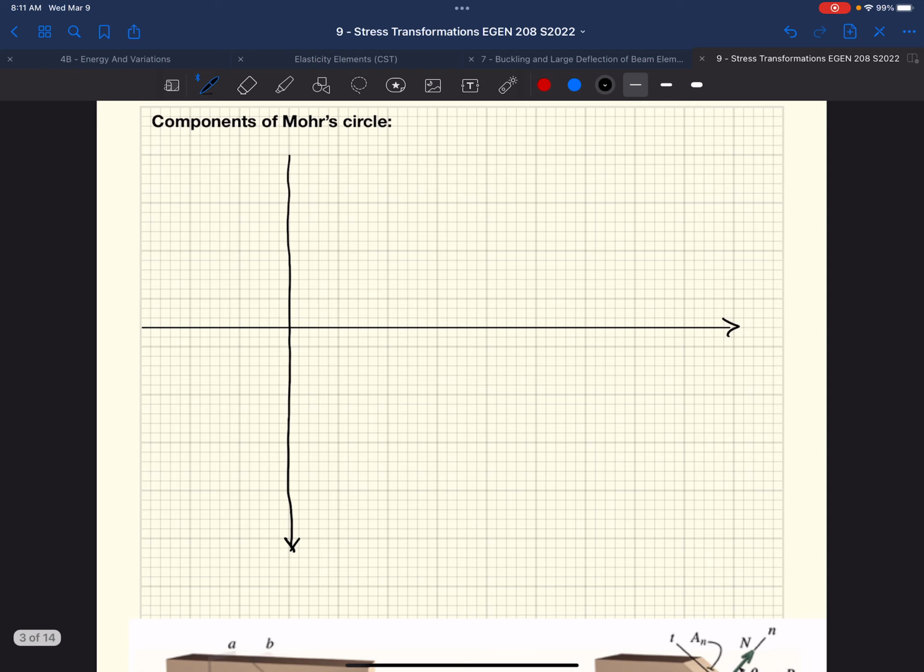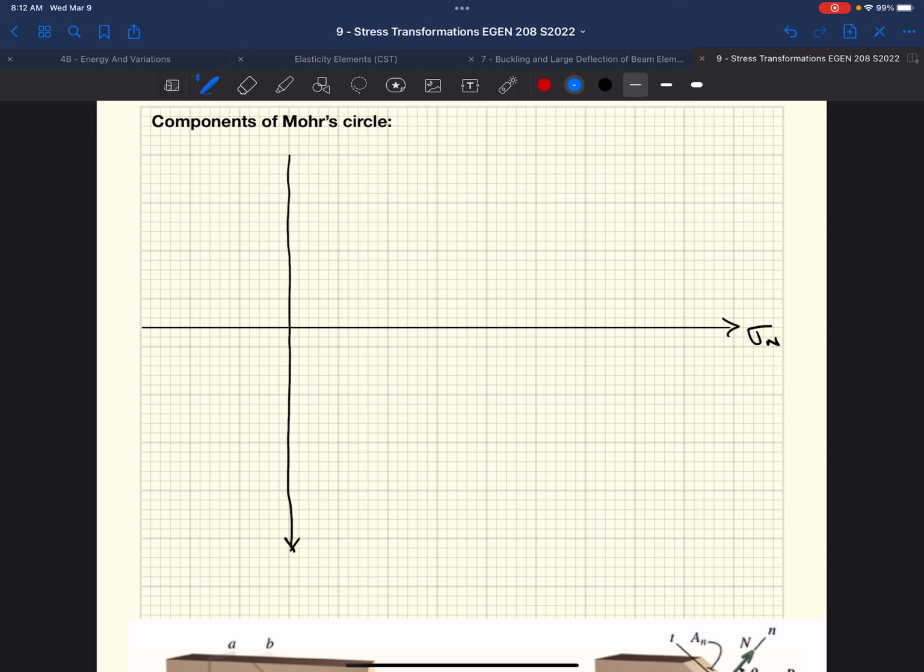Okay. What do we plot on our x-axis? Well, we plot our normal stress. So based on our sign convention for normal stress, if we plot a positive normal stress, what does that mean about that normal stress? Positive normal stress is in tension.